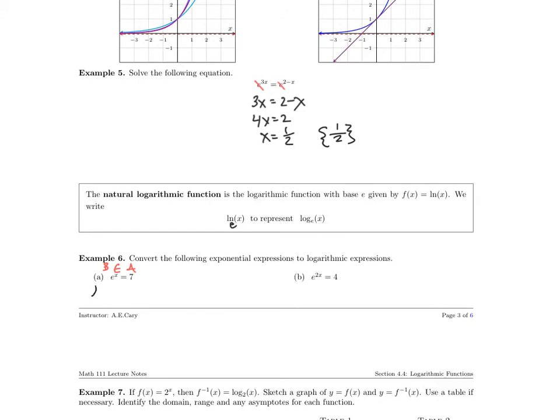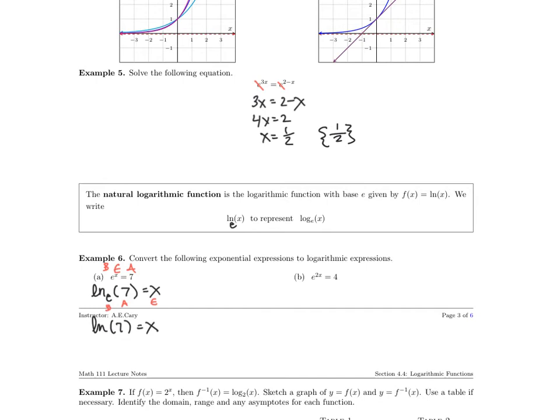So that's going to be natural log base e of 7 is equal to x. So this is your base, answer, exponent, or natural log of base. But again, this is base e, and even if we don't see that base, we assume it's that base. So we can just say natural log of 7 is equal to x.